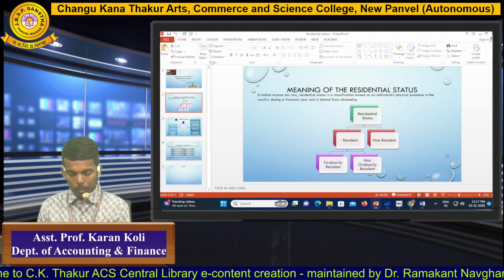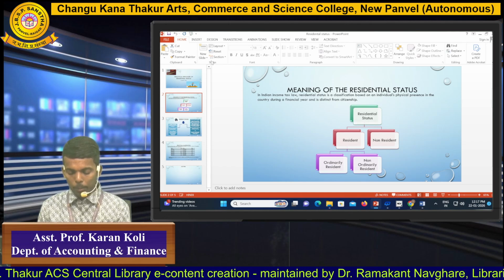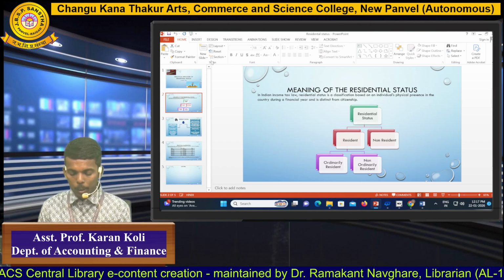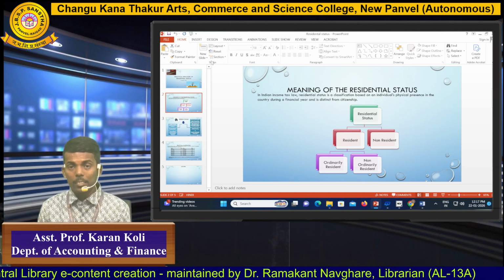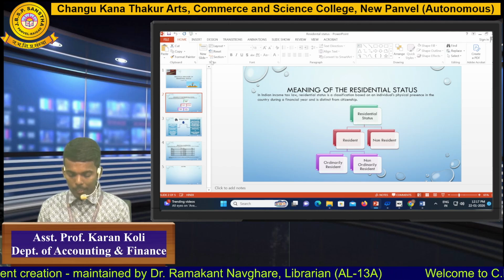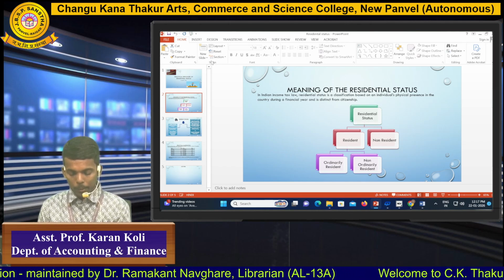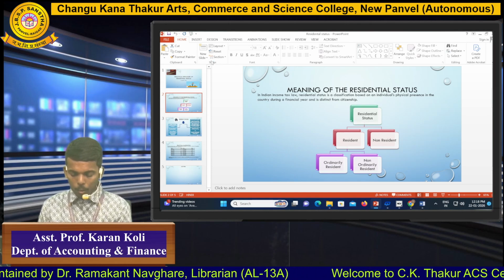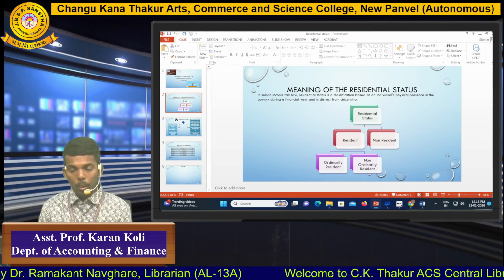Please remember, all students, residential status is not based on citizenship, it is purely based on physical presence in India. Under the Income Tax Act, residential status helps us decide which income is taxable in India, whether global income is taxable or not.